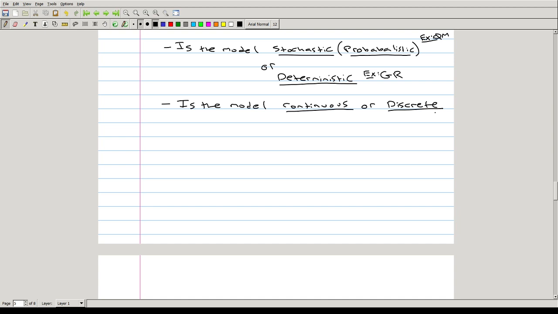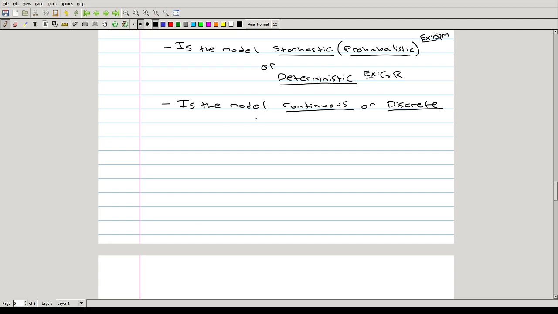And in every case you'll be using logic. But the idea is, both continuous and discrete models have a large spectrum of applicability to real-world problems.